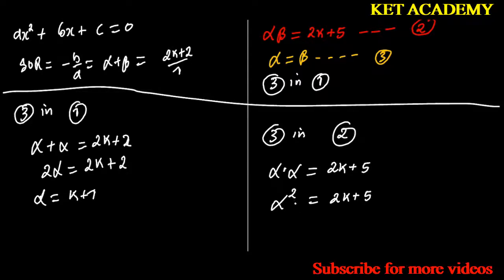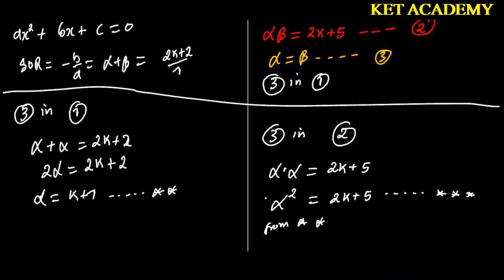Now we have been told that alpha squared is 2k plus 5. We can call this equation double star, and we call this equation triple star. We see here that from double star, anywhere we see alpha we're going to put k plus 1, since alpha is equal to k plus 1 and alpha squared here is equal to 2k plus 5.